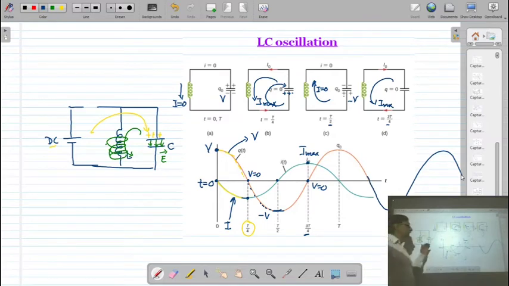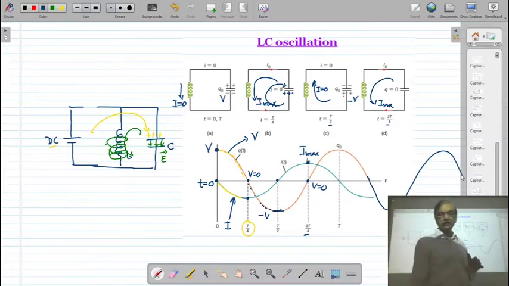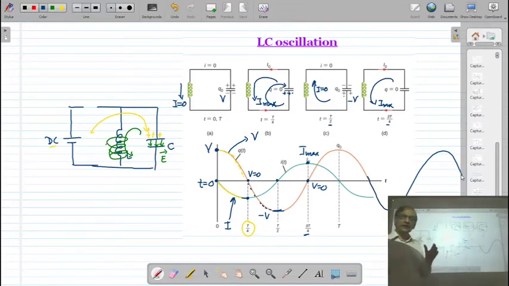But in a practical capacitor or a practical inductor, there is a dielectric loss in the capacitor, as well as the inductor has a DC resistance. So whenever the current passes through this, then due to the DC resistance of the inductor, there will be a loss of energy.